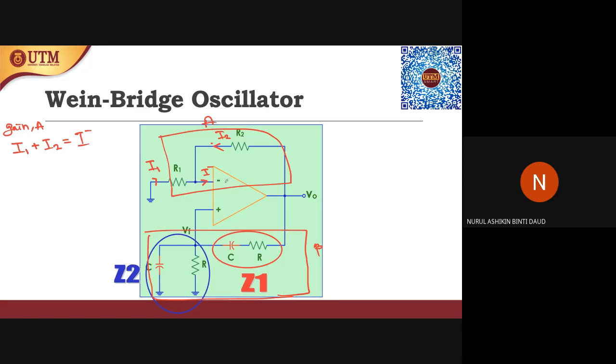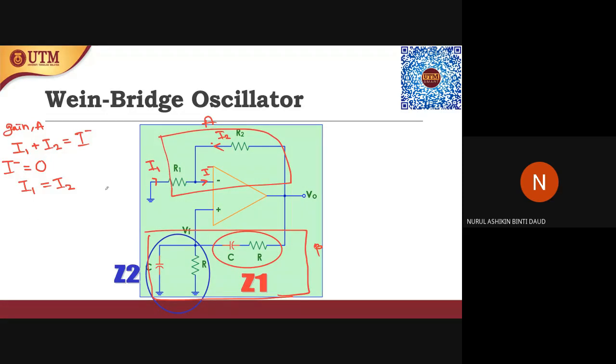But from what we have learned, current can't flow inside the op amp due to high impedance. So I minus equals 0, no current can flow inside here, so I1 equals I2.